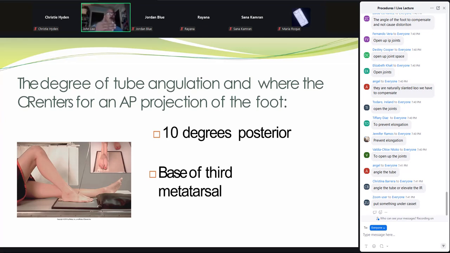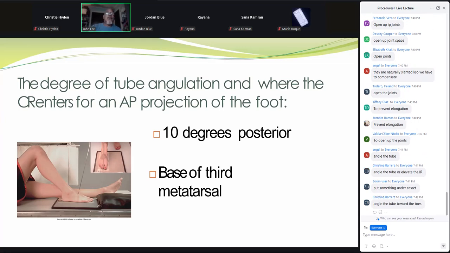What's your guide for angling the tube? And yes, you could put something under the cassette, but you still have to have an angle.